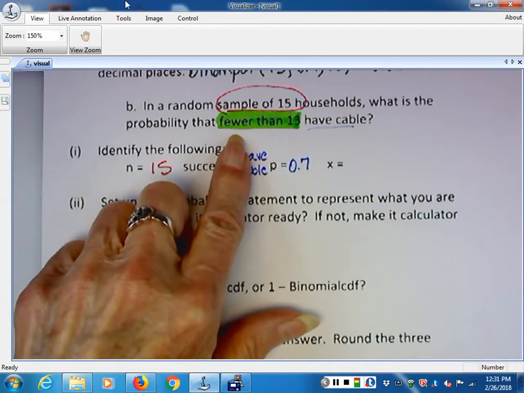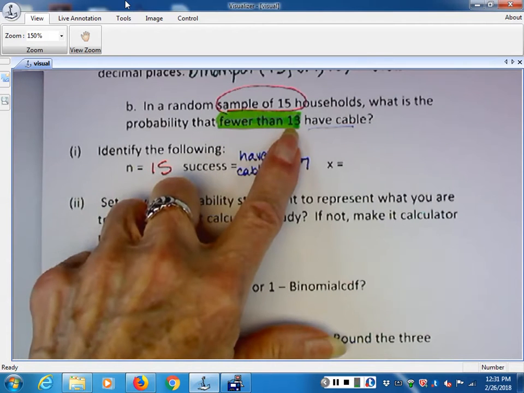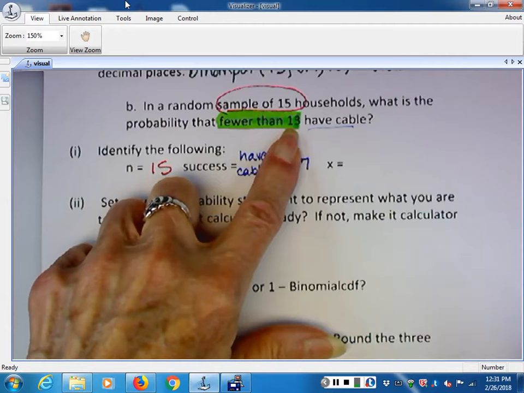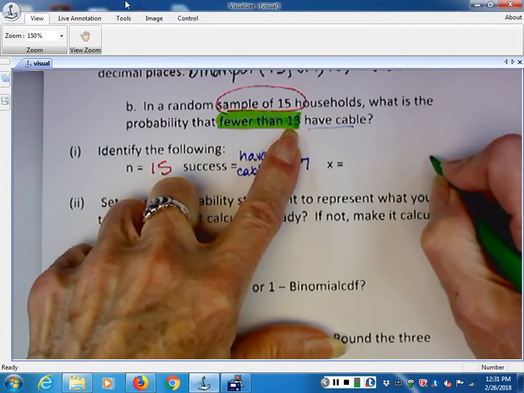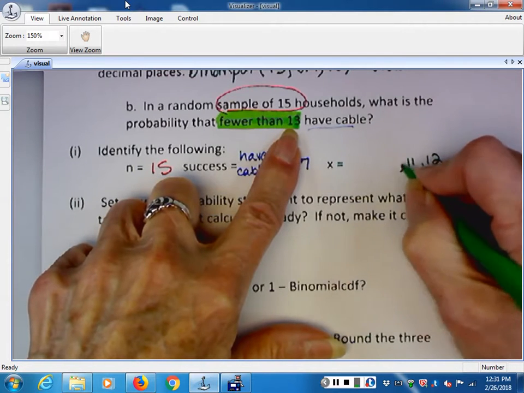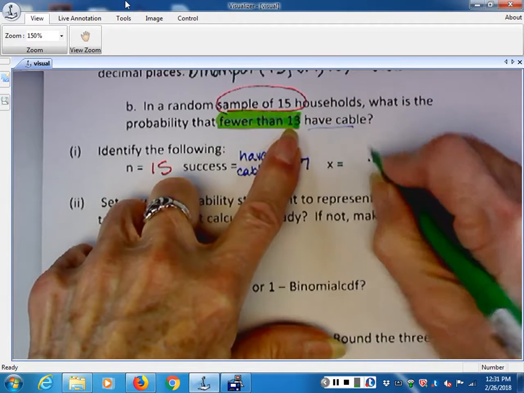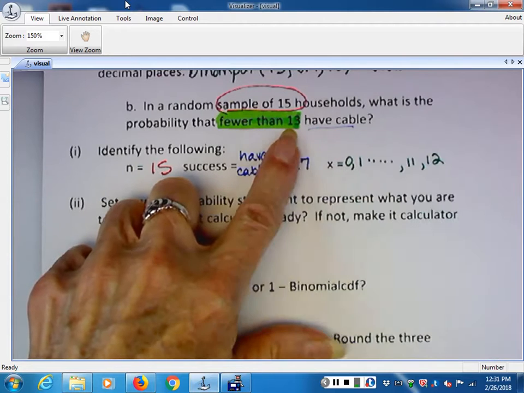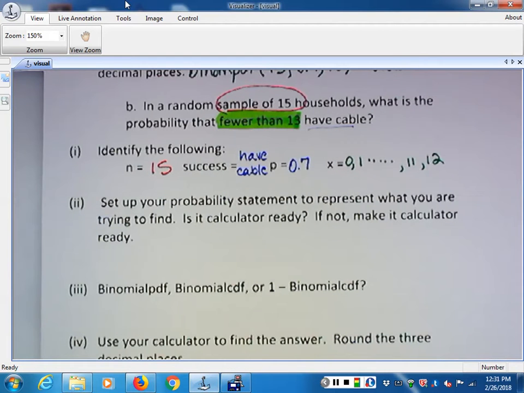Fewer than 13. Is 13 included? No. Do we go up or down? Yeah. So our top number would be 12. So x would be 0, 1, 2, 3, 4, 5, 6, 7, 8, 9, 10, 11, 12.